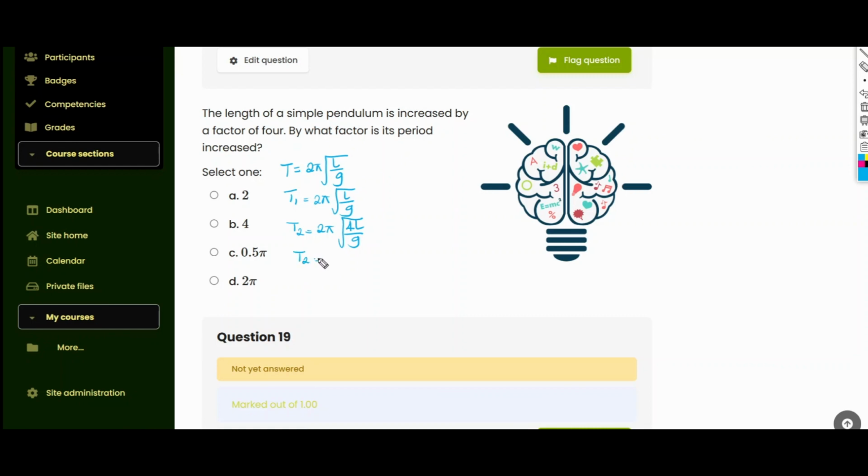You know that 4 is a perfect square, so we take the square root of 4 out, so we have 2 times 2 pi root L over g. So we've taken out the square root of 4, which is 2. So here we have 2, and we know that 2 pi root L over g is T1. So we see that the period has been increased by 2.